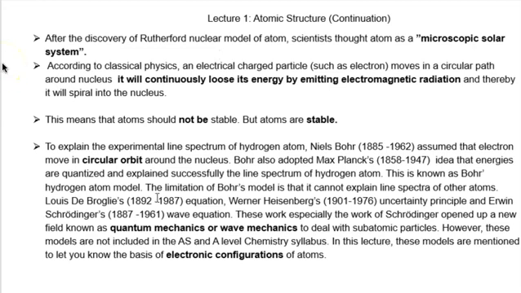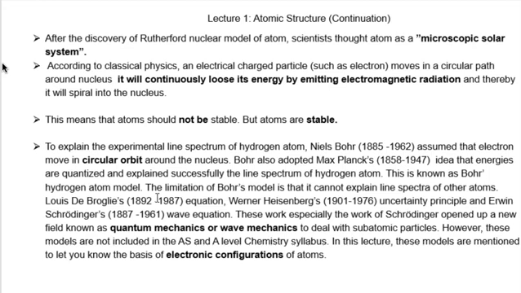You know, Niels Bohr did an experiment on the line spectrum of the hydrogen atom, and he showed that the electron moves in a circular orbit around the nucleus. Bohr also adopted Max Planck's idea, saying that energies are quantized.